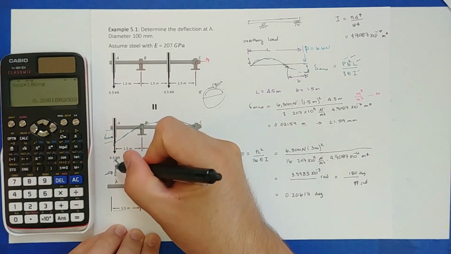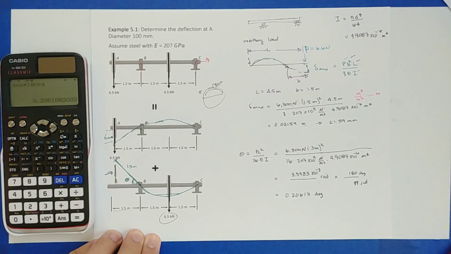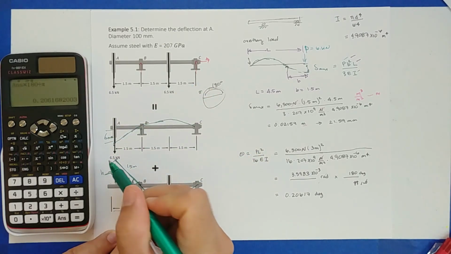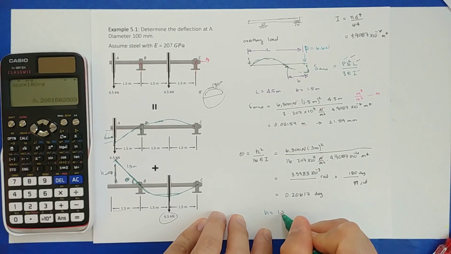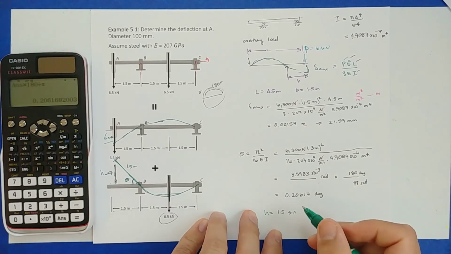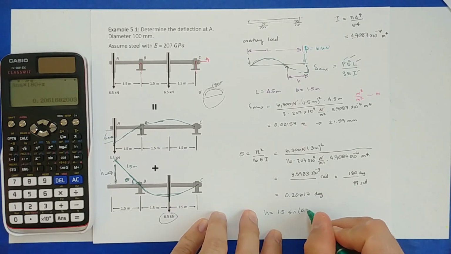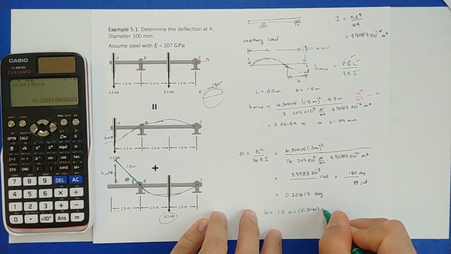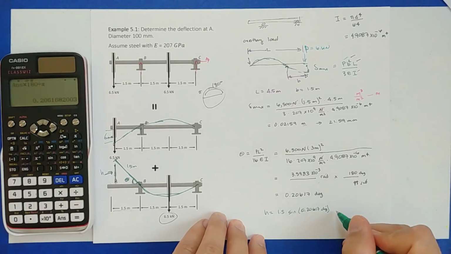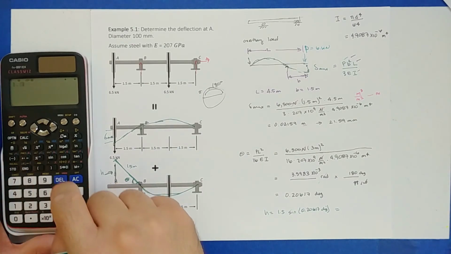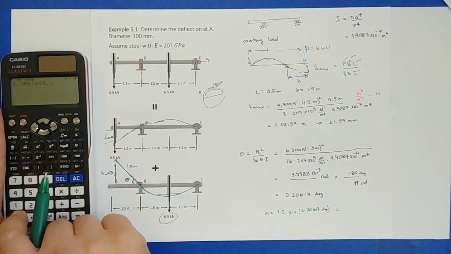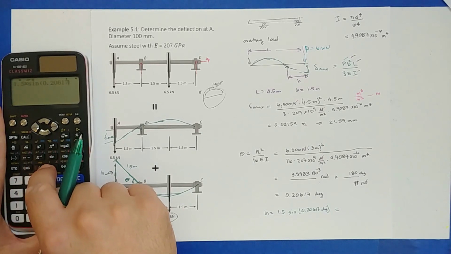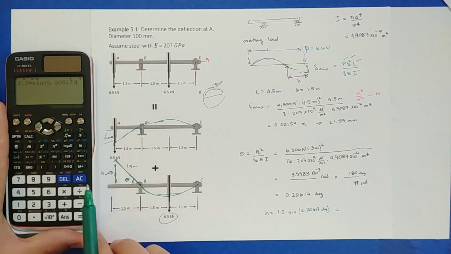So here, I'm just going to calculate this height, right? This height of this triangle, which is essentially the deflection at A, right? So that height H is just going to be 1.5 times the sine of 0.20617 degrees. So if I plug that in the calculator, 1.5 times the sine of 0.20617, and my calculator is already in degrees.